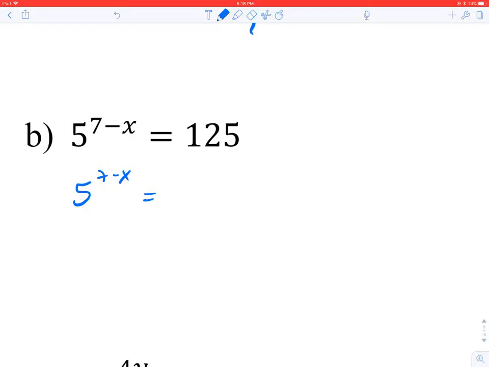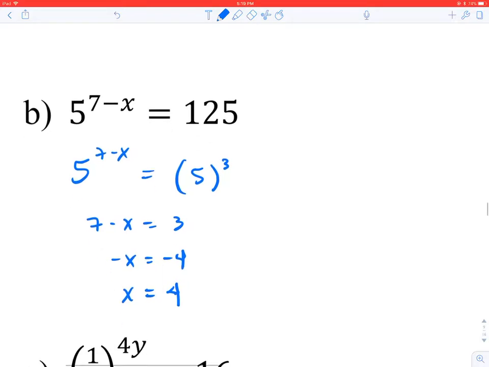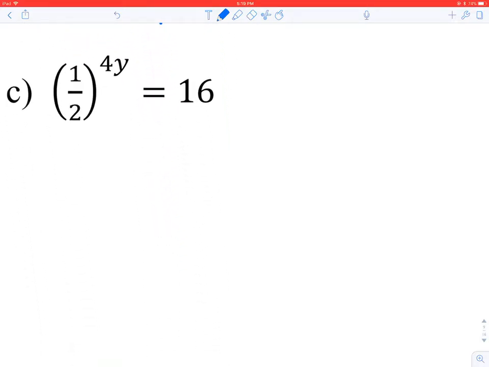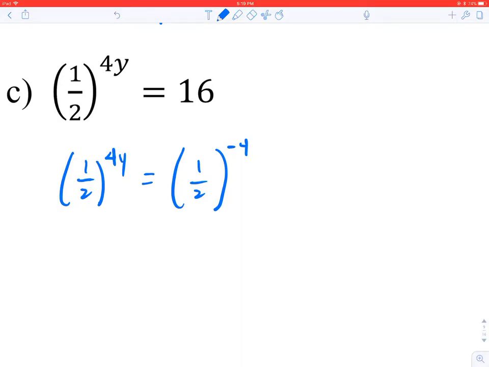Okay, so here we can actually use the one-to-one property again. We can write 125 as 5 cubed. So then we have 7 minus x equals 3. So negative x equals negative 4. x must be equal to positive 4. Again, all right, we can write 16 as 1/2 raised to the negative 4th power.